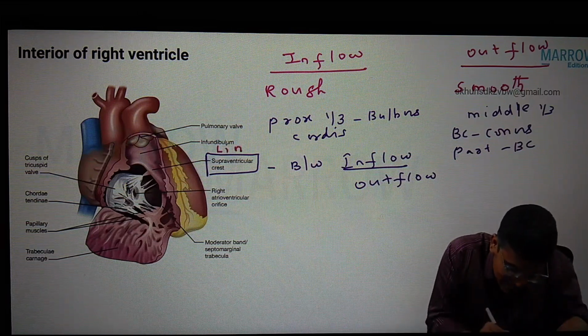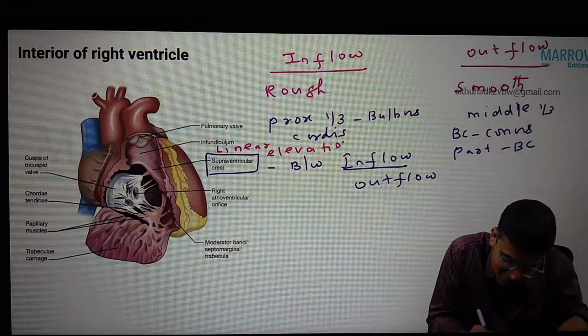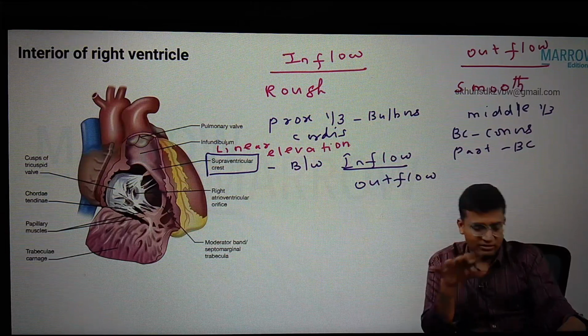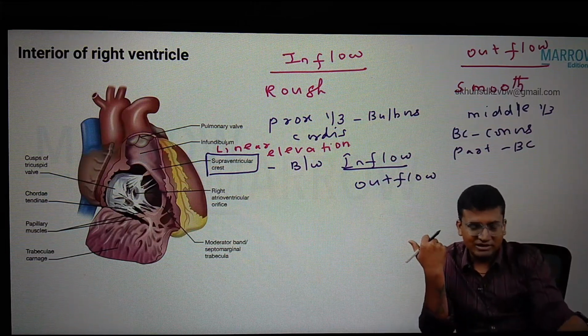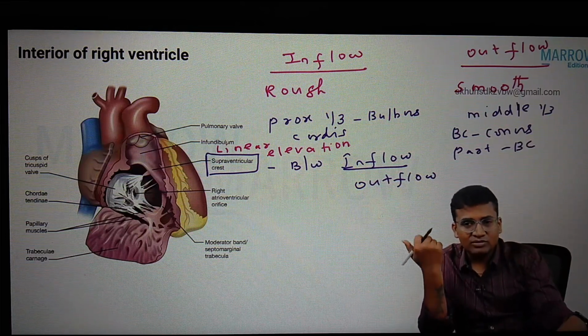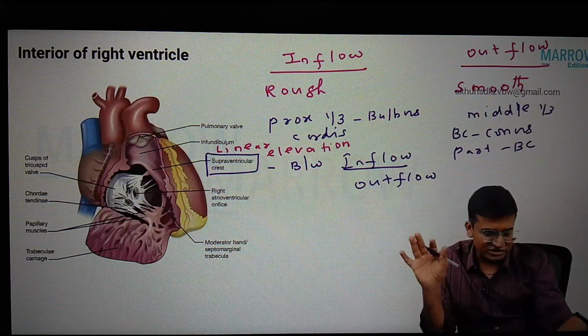There is nothing more to say about the outflow part. The outflow part is smooth, coming from the conus part, the middle one third of the bulbus cordis. If you remember that, that is more than sufficient.